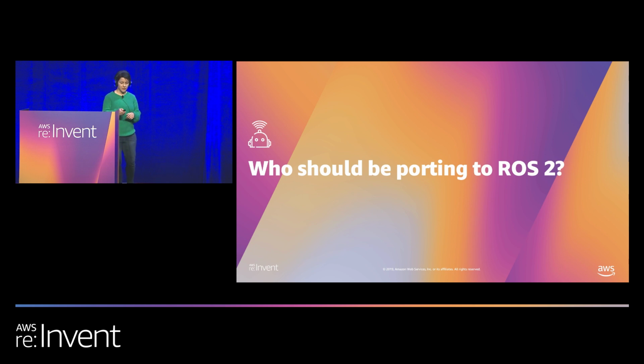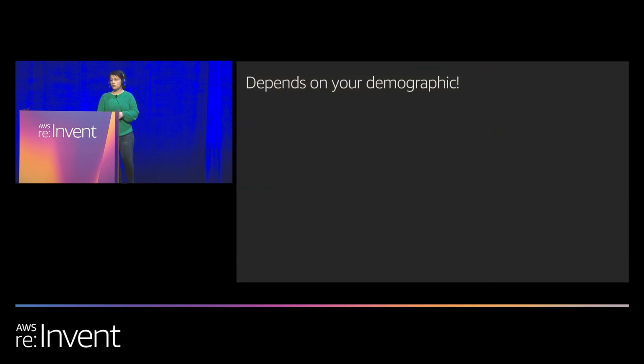So again, if you're wondering whether you should be porting to ROS 2 or not, it really will depend on your demographic. Luckily, I mentioned earlier that I met with the Rover Robotics startup, and that I was going to explain why they decided to port to ROS 2.